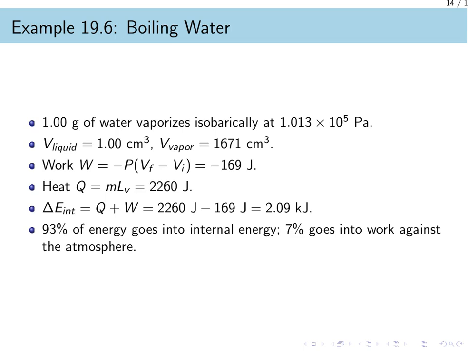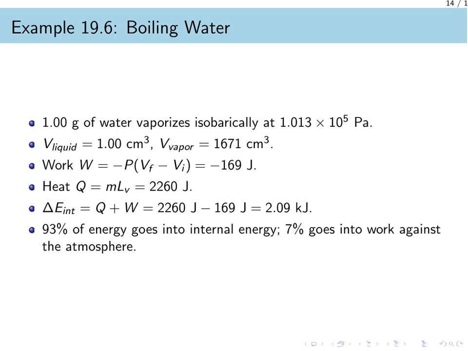Consider the example of boiling water. When 1 gram of water vaporizes at a constant atmospheric pressure, it undergoes an isobaric expansion. The volume increases significantly as the liquid turns to steam. The work done is calculated as negative pressure times the change in volume, resulting in negative 169 joules.